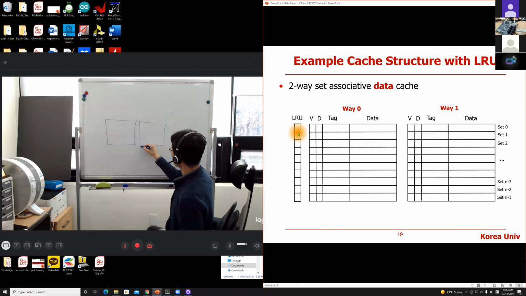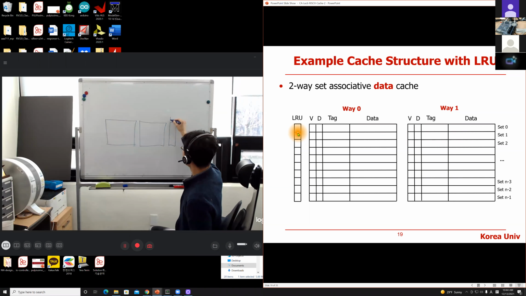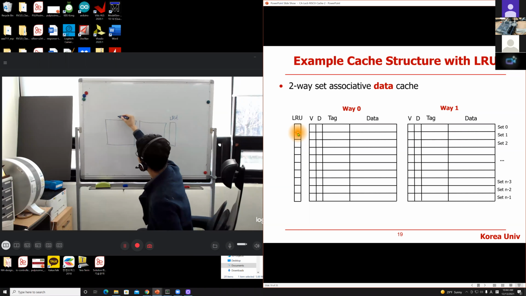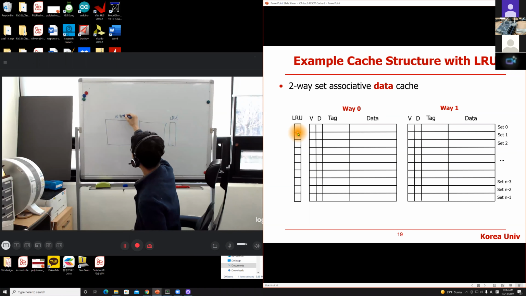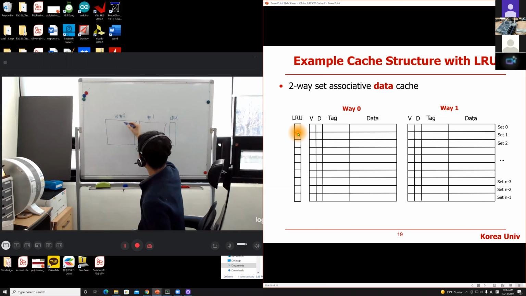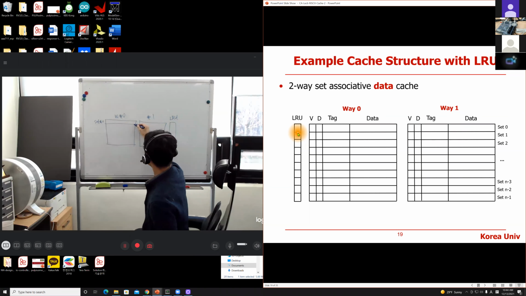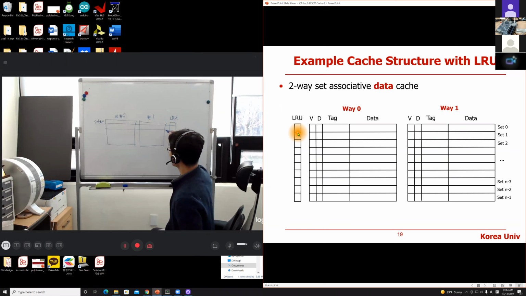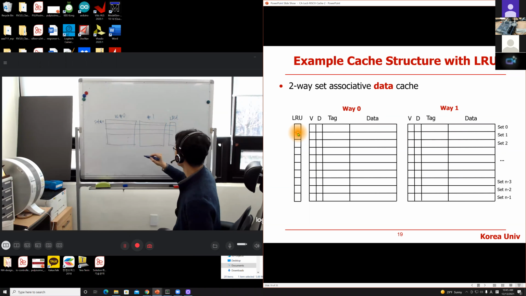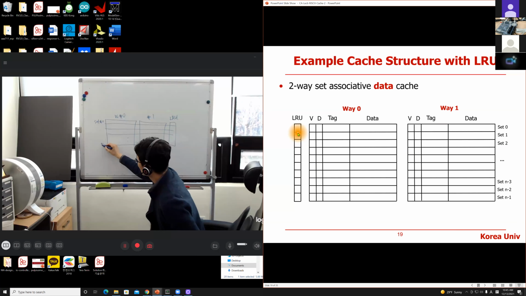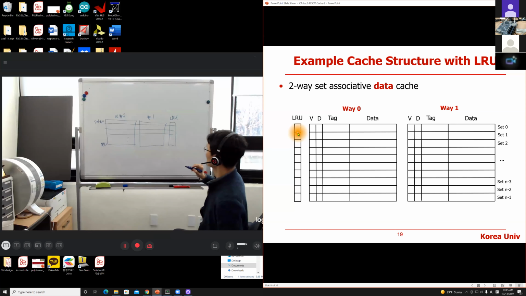So two-way set associative, you have LRU, way number 0, way number 1, and set number 0, set number 1, set number 2, and so on.